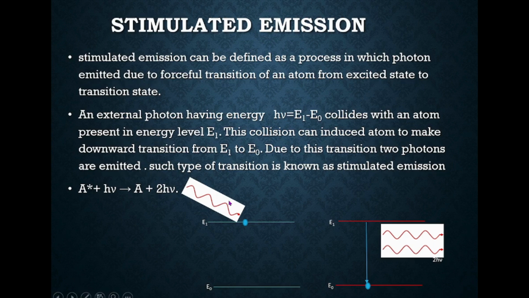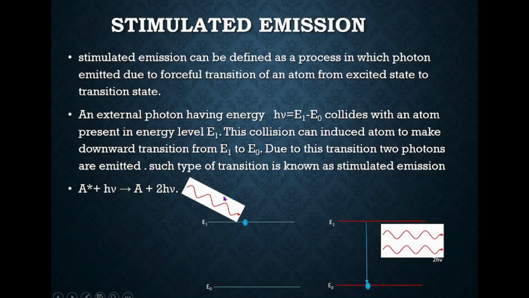Whatever transition is happening between the excited state and the ground state is due to forceful transition. Forceful means external extra energy is provided to the excited state atom to go into the ground state by emitting two photons. Someone may ask how two photons come about.